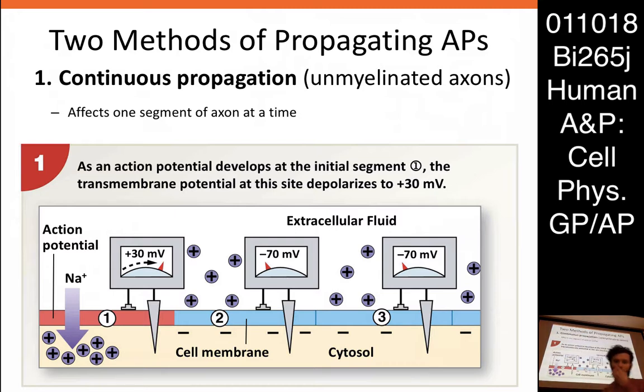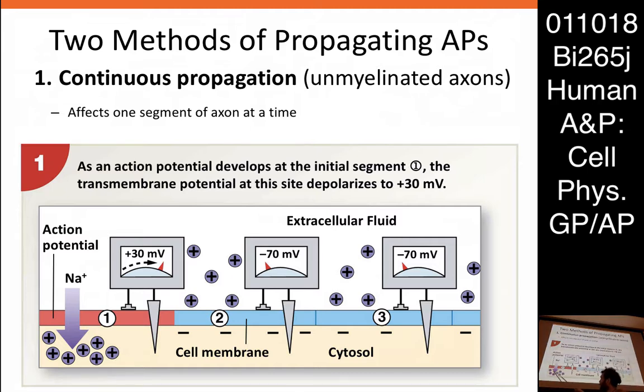But these are just continuously sweeping along the length of the axon. Now, the thing about continuous propagation is it requires a large diameter of the cell. Oh, we'll get to that actually in a moment. I think I'll talk about that in a moment. Let's just go through the steps of continuous propagation.